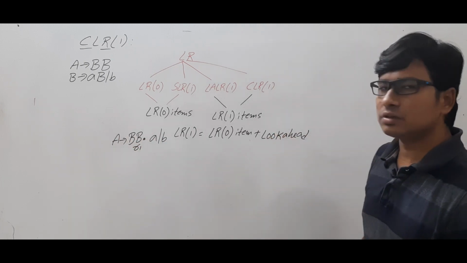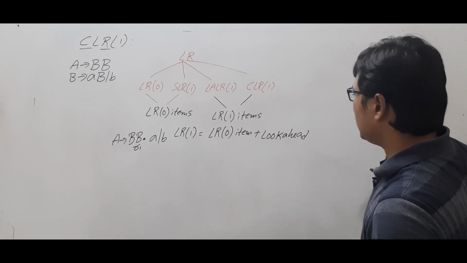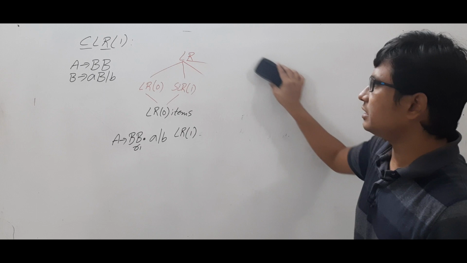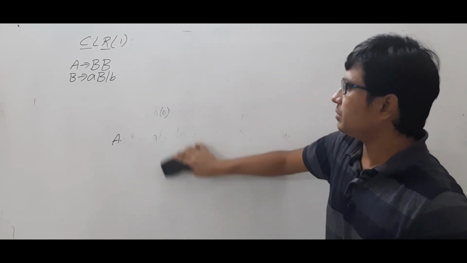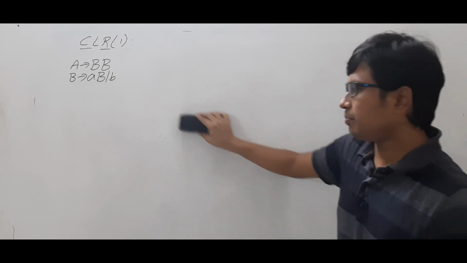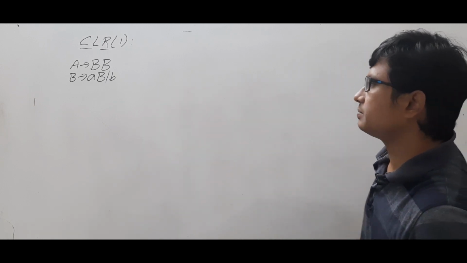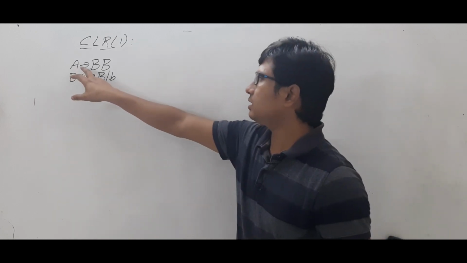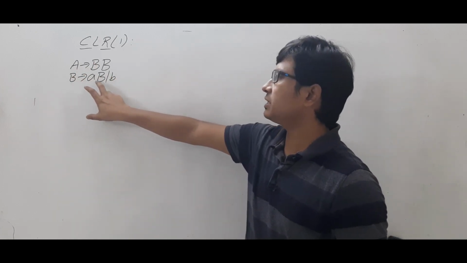So that is the use of the lookahead. Now we will discuss how to compute the LR1 items from the given grammar. Then we will discuss the CLR1 parsing table. Is it clear? So I have taken the productions A determines BB, B determines aB or b.